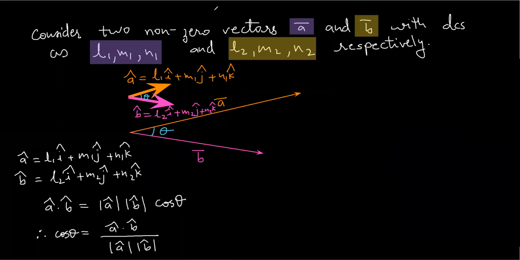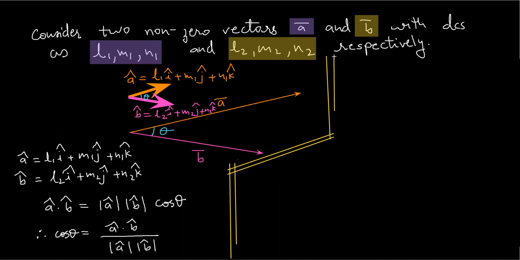So the next step, I will get cos theta equals a cap dot b cap upon 1 into 1, that is cos theta equals a cap dot b cap.